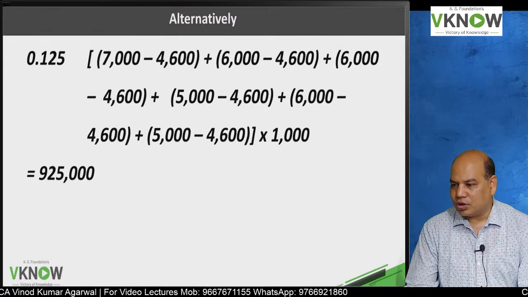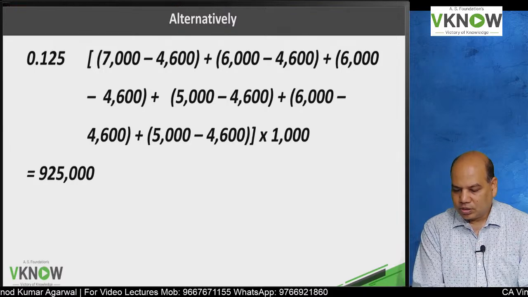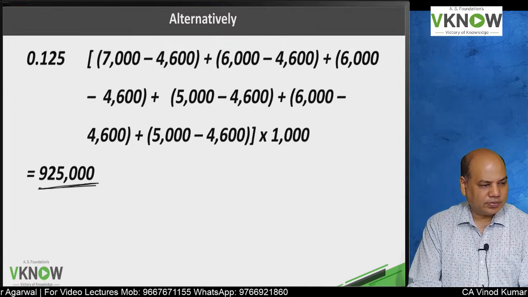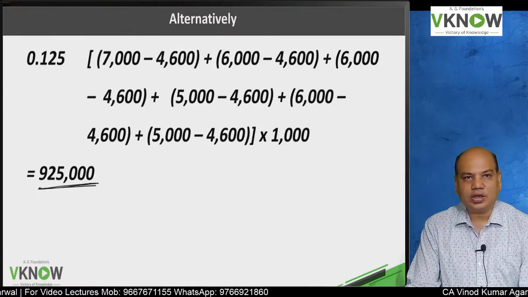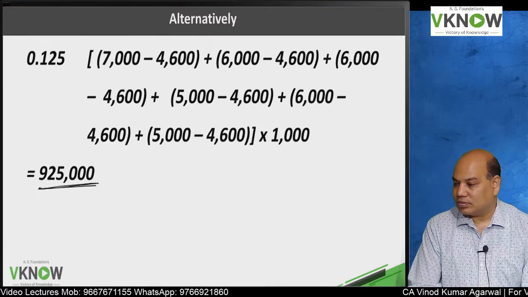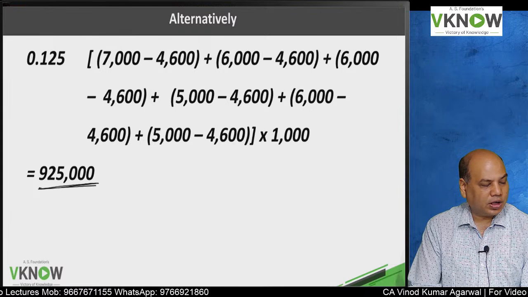And now if you solve it, you will get 9,25,000. Whichever method you are convinced, you think you can do it faster, you can do it in the exam, both are okay.